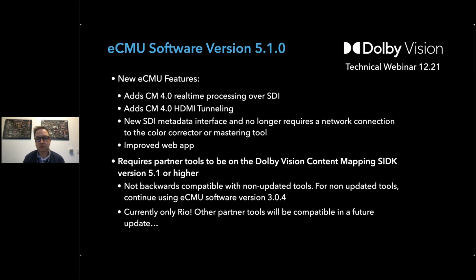Currently, only Rio has released their product to support the ECMU 5.1.0 release. So if you're on the latest build of Rio, then you can go into that box folder and download the new ECMU software and use that. Other partner tools will be rolling out updated releases throughout next year.